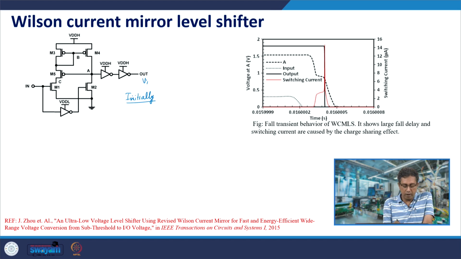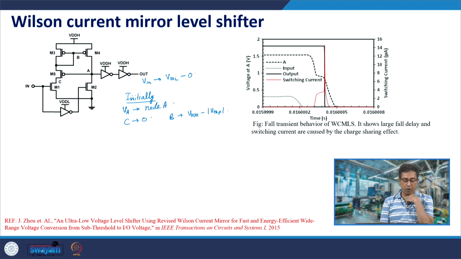Node C was at 0, and M3 should be off, and therefore M5 is also off, because node A is at a higher voltage and node B is at VDDH minus magnitude VTHP.